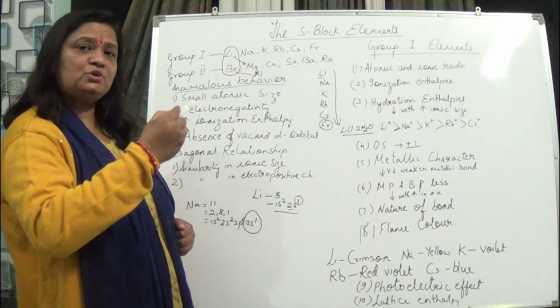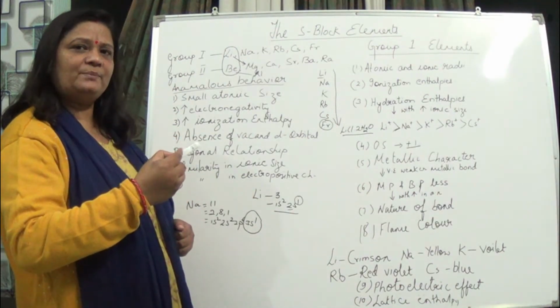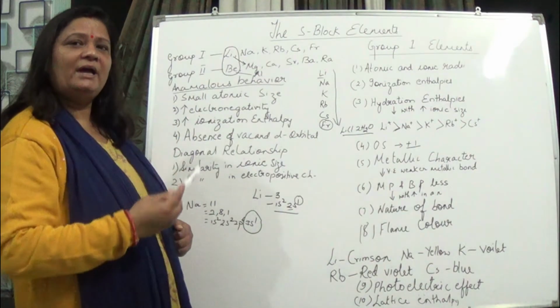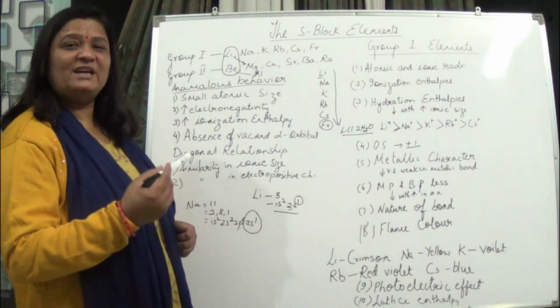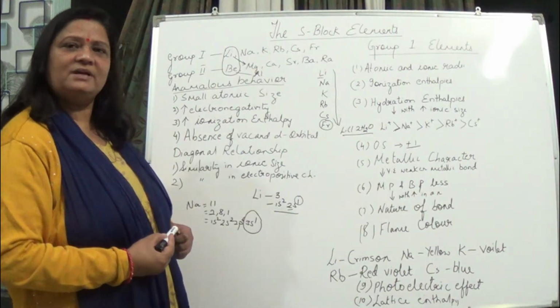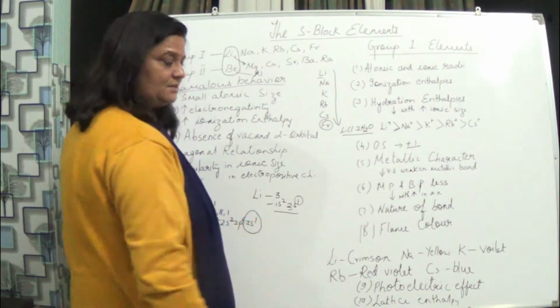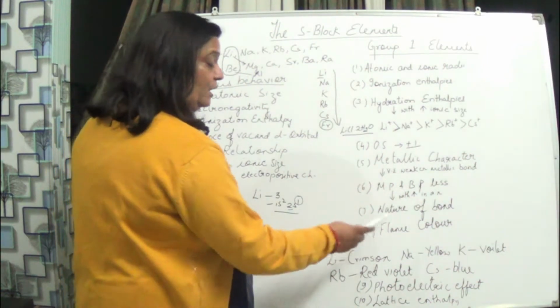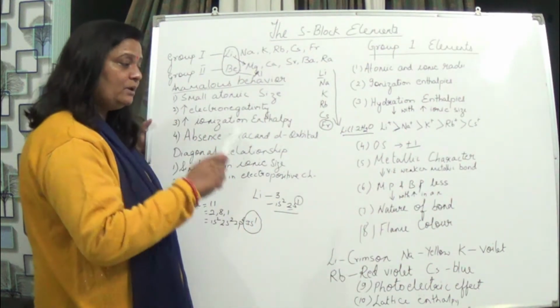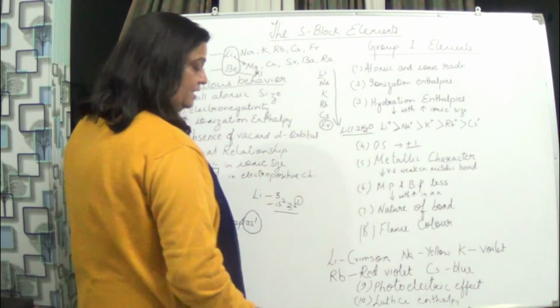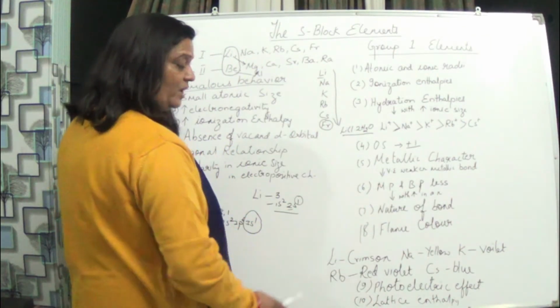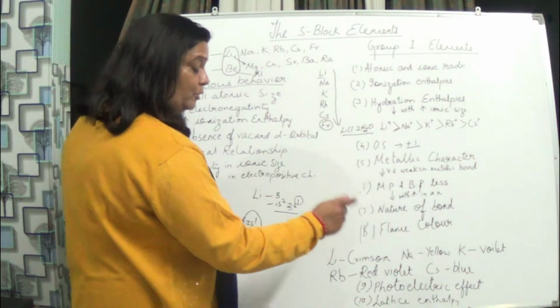When they do, they radiate energy having a specific color in the visible region. Lithium shows crimson color, sodium yellow color, potassium violet color, rubidium red violet color, cesium blue color.